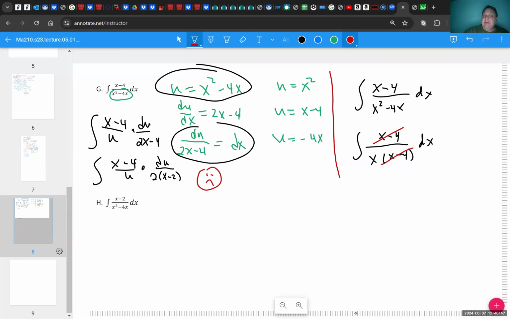They're being divided by each other. This is one thing being divided by the exact same thing. All right, so those things will divide out, and that gives you just the integral of 1 dx over x, and that is the ln of x. And no substitution was needed for this problem here.